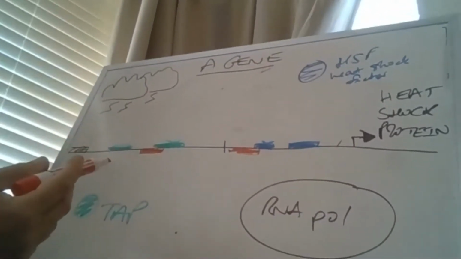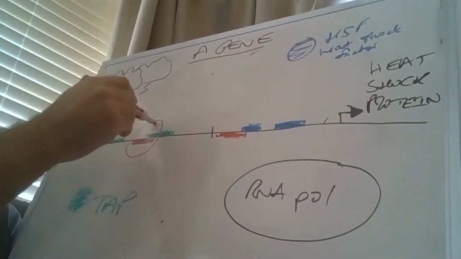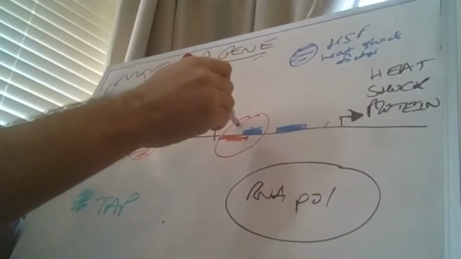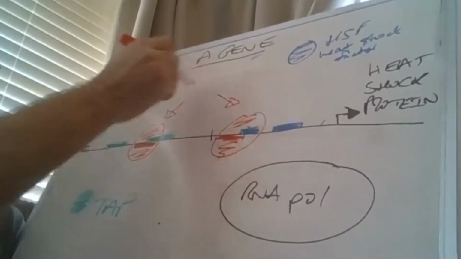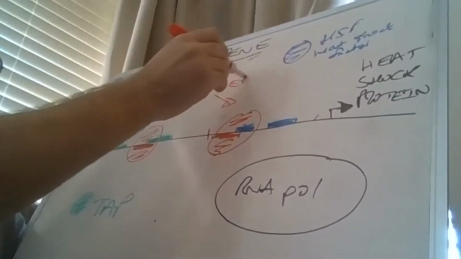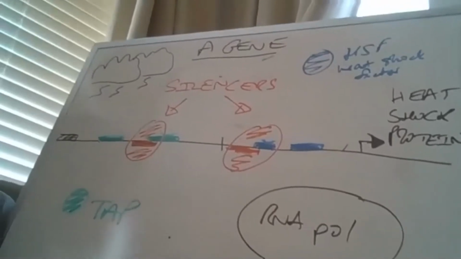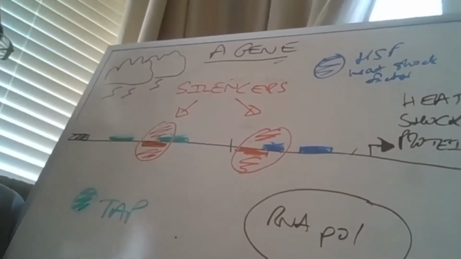So under these conditions, we're likely to have silencers present, right? And now these bind to these silencer regions. They're also called repressors, like the ones that you learned about with LacI and TrpR.